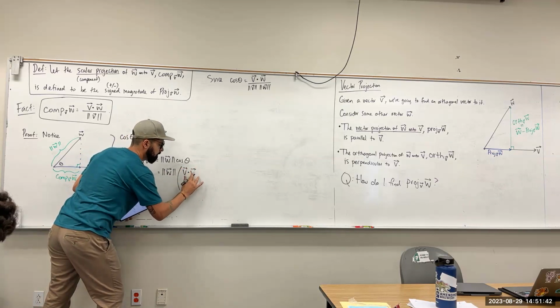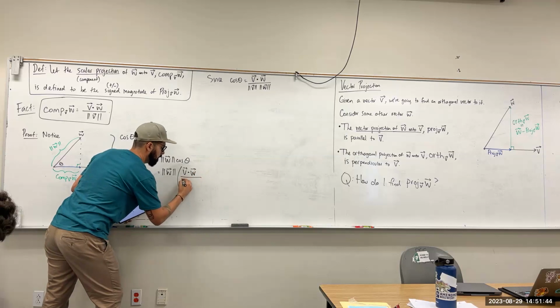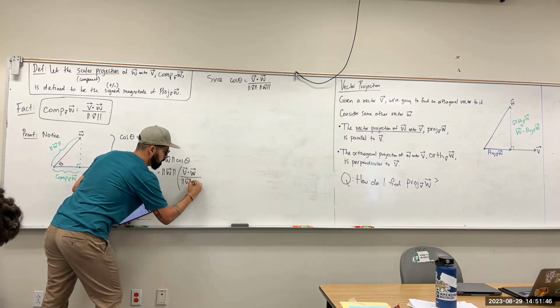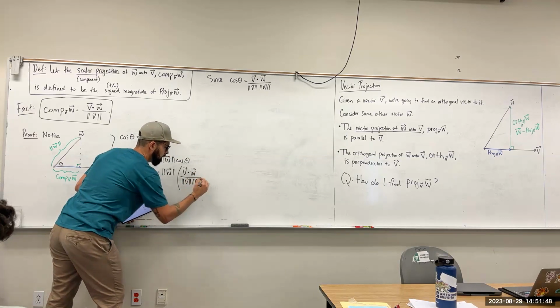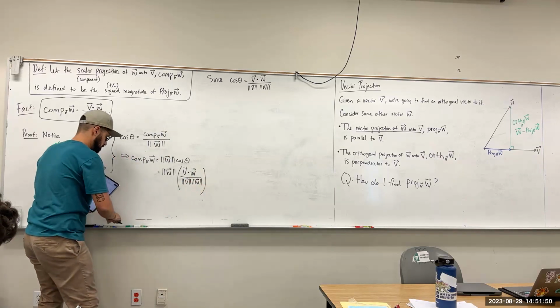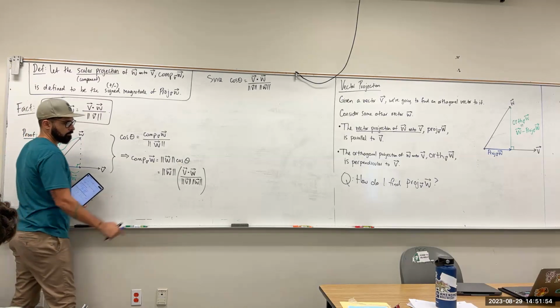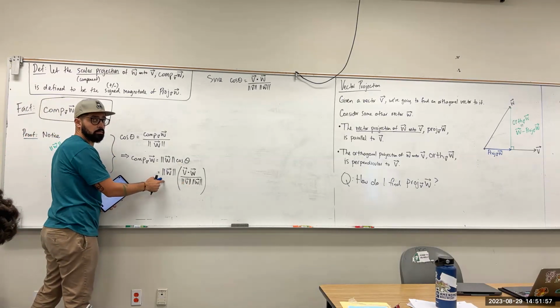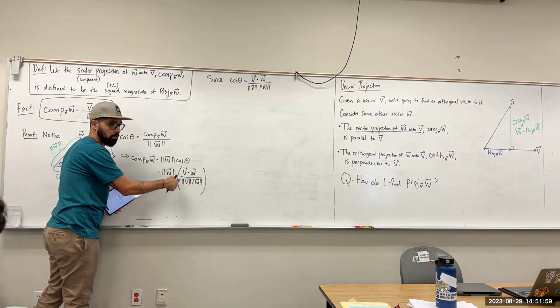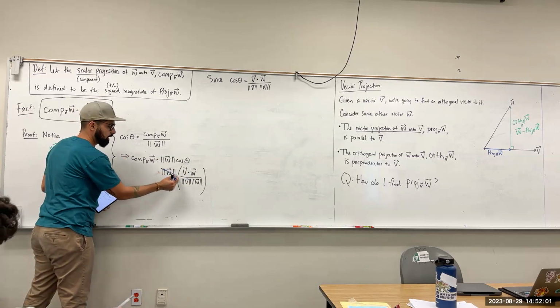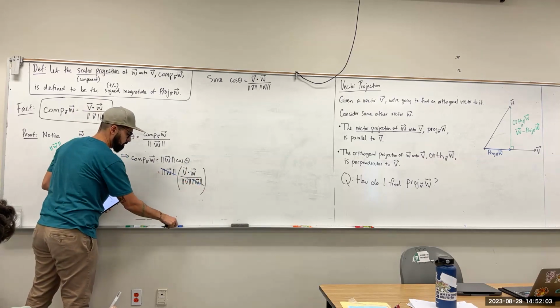Here we've got the dot product of V and W over the magnitude of V times the magnitude of W. These are just numbers, right? Everything here is a scalar. So this scalar cancels off with this scalar.